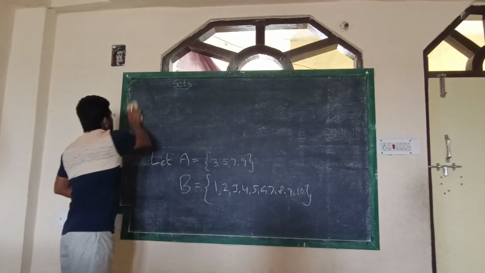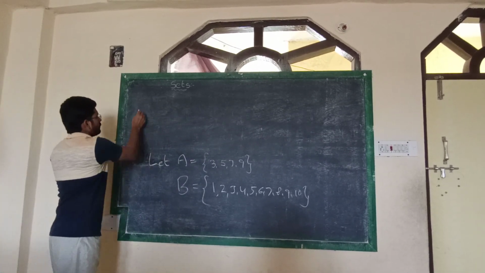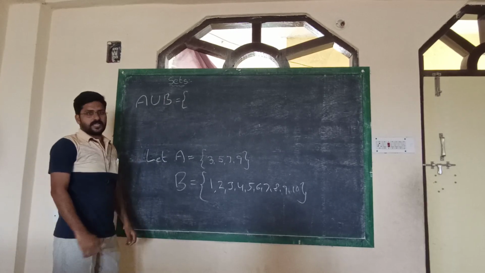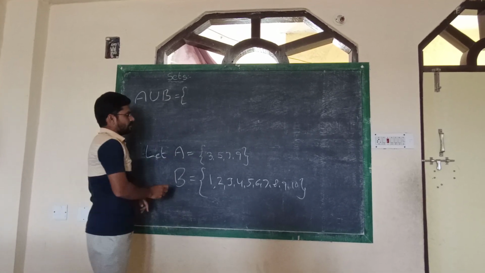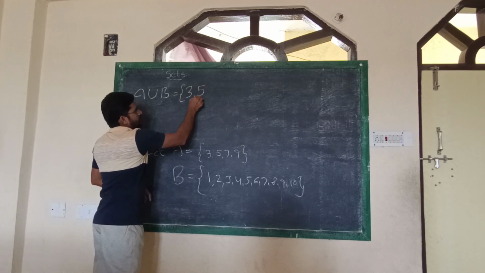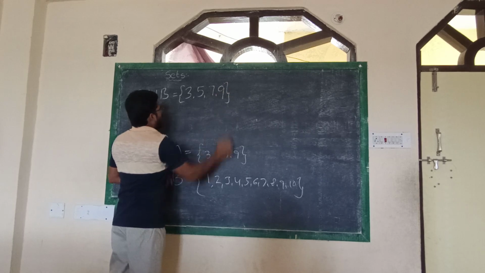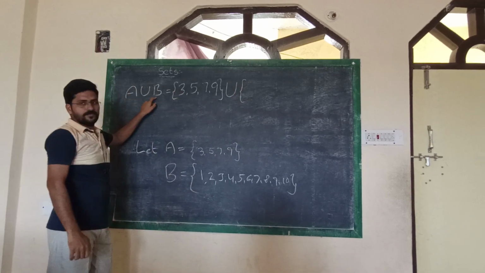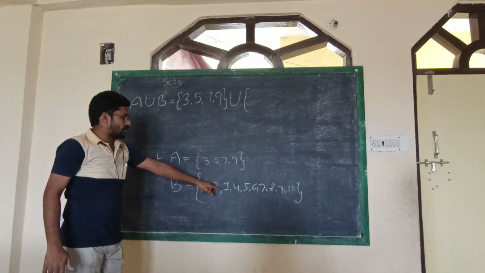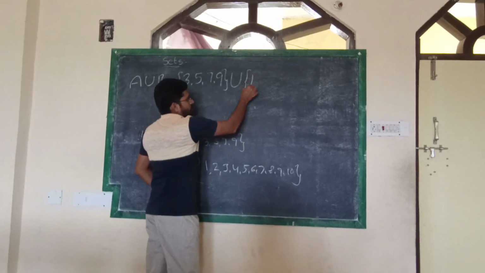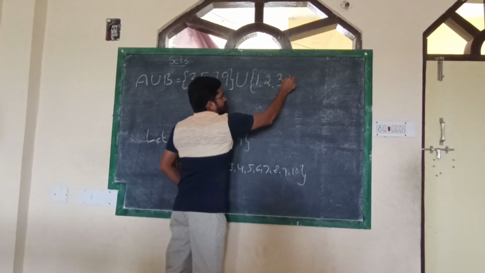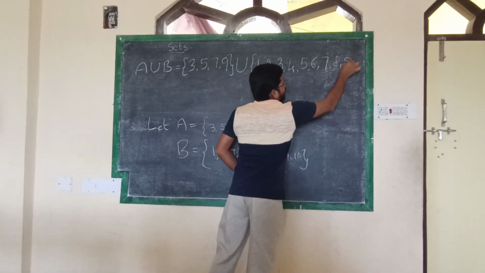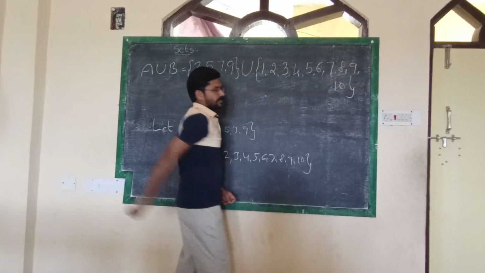Now we learn A union B. Set A union set B. Set A means 3, 5, 7, 9, union B. B is 1, 2, 3, 4, 5, 6, 7, 8, 9 and 10.